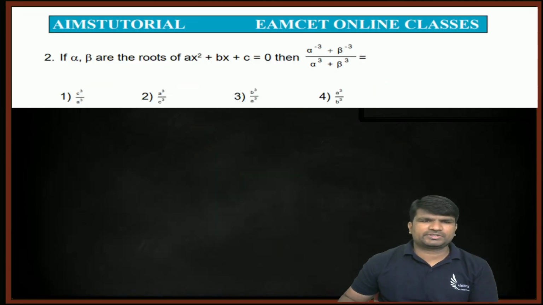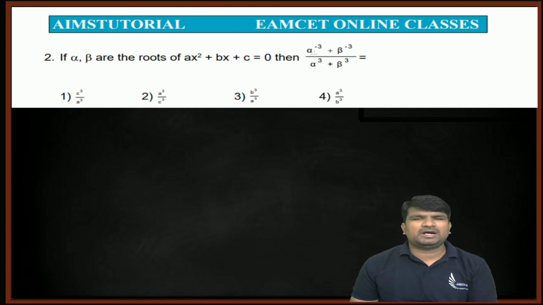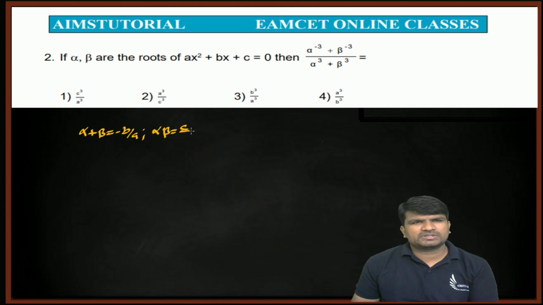Now the next question is, if alpha, beta are the roots of the equation ax square plus bx plus c equals 0, find alpha power minus 3 plus beta power minus 3, divided by alpha cube plus beta cube. We know that the sum of the roots alpha plus beta equals minus b by a, and the product of the roots alpha into beta equals c by a.